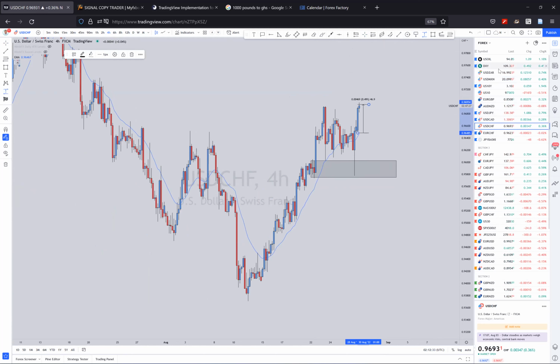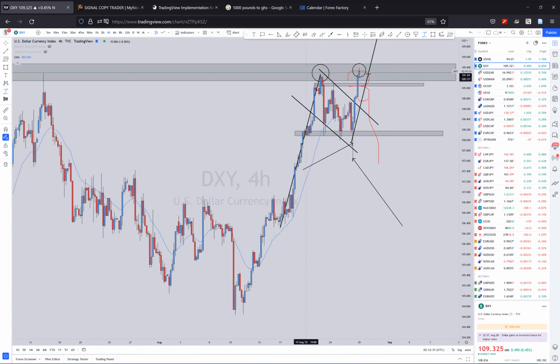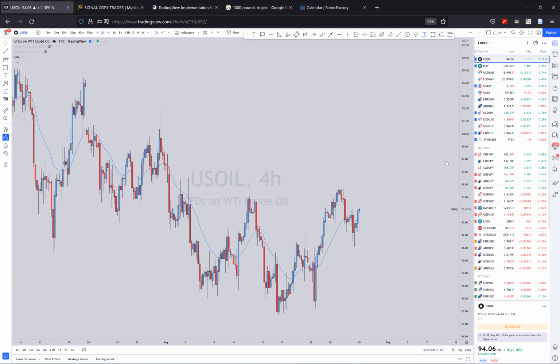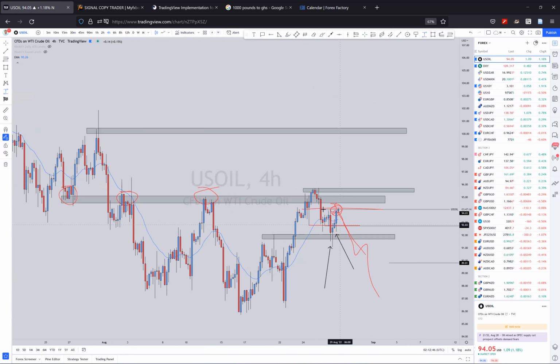But as I said, keep an eye on this level here. Potential reversal. Right. So looking at the US oil, we could get a reversal from here or a continuation to the upside here.